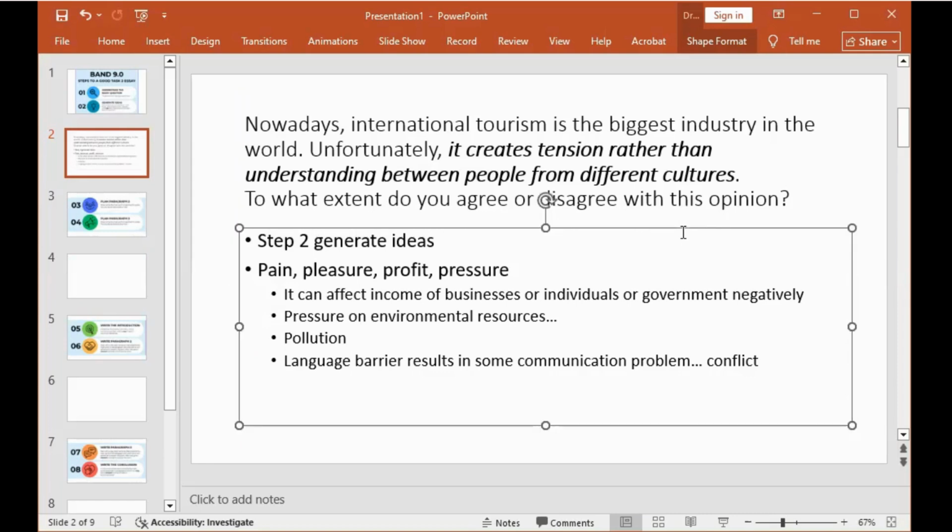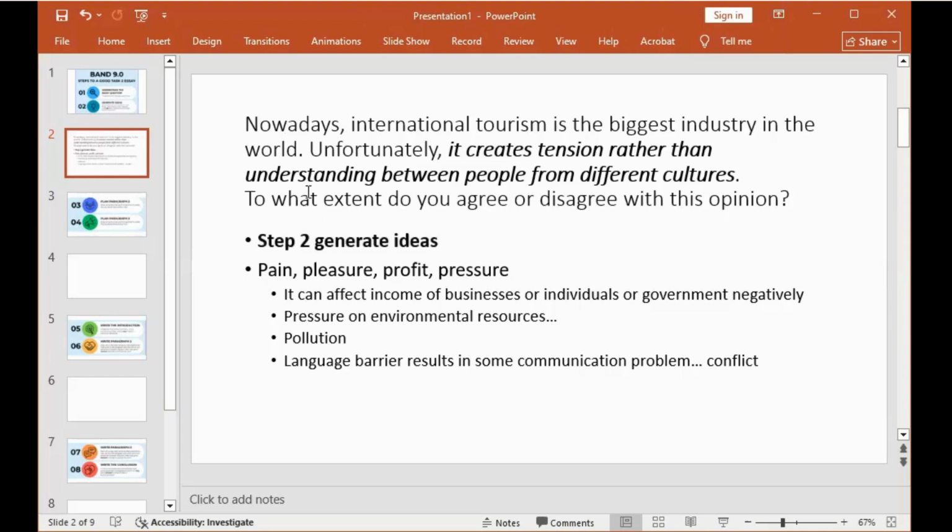There's one thing I usually tell people who say they have problems generating ideas: get a compilation of essay questions and practice generating ideas, just like we are doing now. This step 2 is what I call the idea generation drill. You look at the question and come up with 4 to 5 points that you can write on. Do you understand?